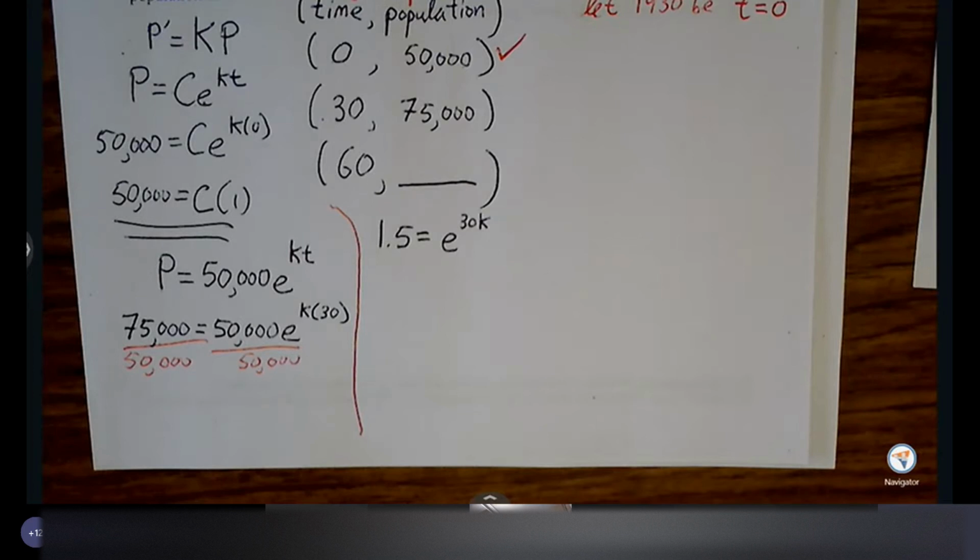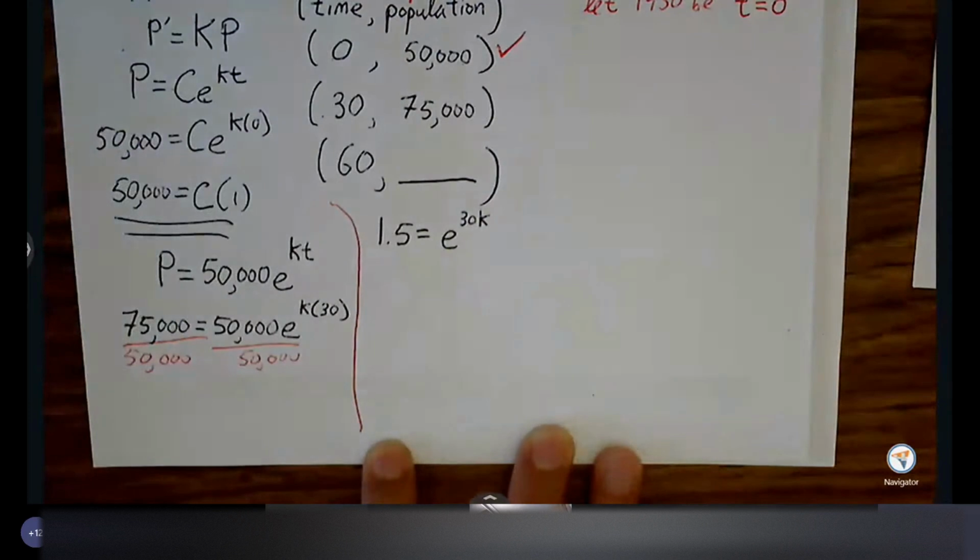I want to solve for k, but where is k located? Exponent. It's kind of an awkward space for us to solve for k in that exponent. What can I do to make it easier? Yeah, let's use natural log. Anytime we use natural log, we're free to move that exponent. And we want to move that exponent because once you move it down, it'll be a lot easier to work with. So yep, natural log both sides.